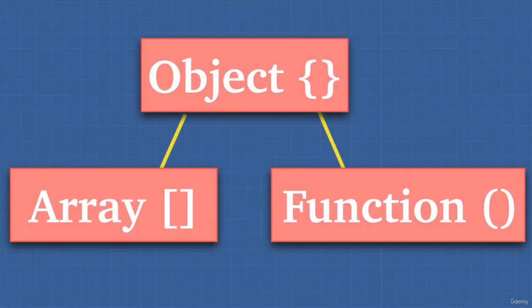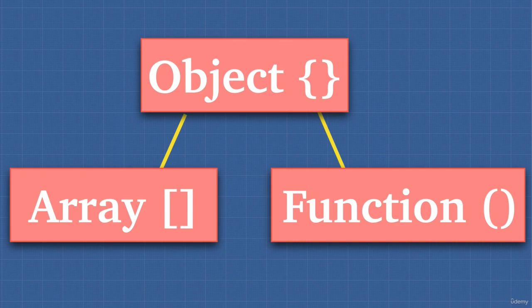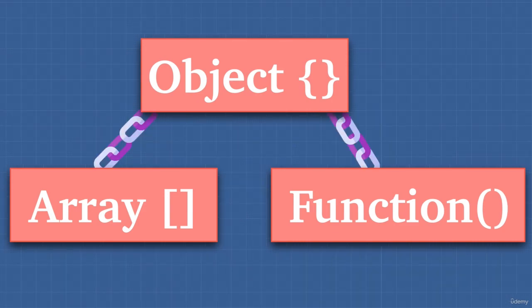I told you that arrays and functions are just objects in JavaScript. Let's dive a little deeper into this. You see, JavaScript uses something called prototypal inheritance. You see these chains over here? They're prototypal inheritance. And what does that mean? Well, inheritance is an object getting access to the properties and methods of another object.